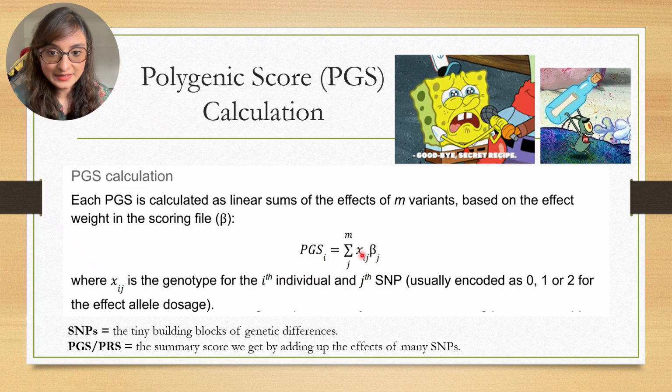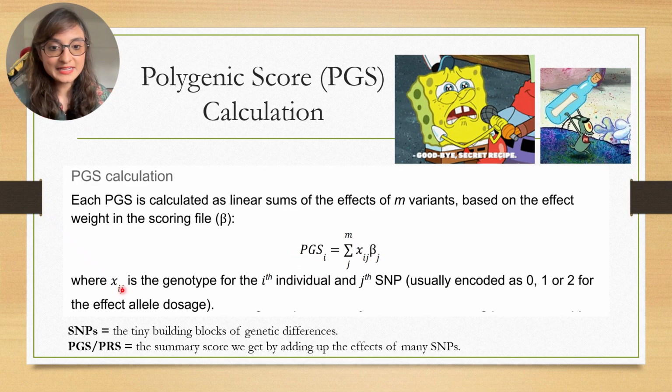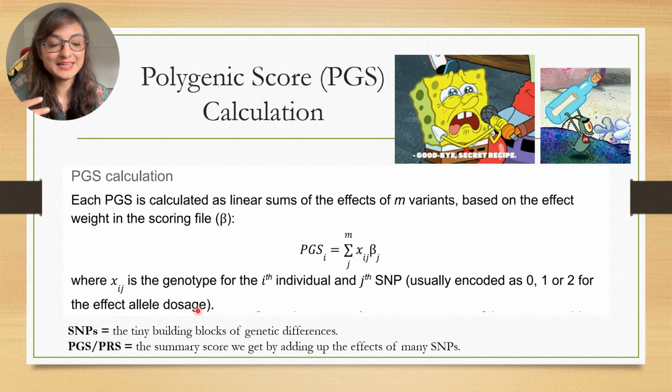A SNP is specified here, for that position and that base pair. The XIJ is a genotype for the ith individual and the jth SNP, and it can either be a 0, 1, or 2 for the effect allele dosage, and I'll explain that next.